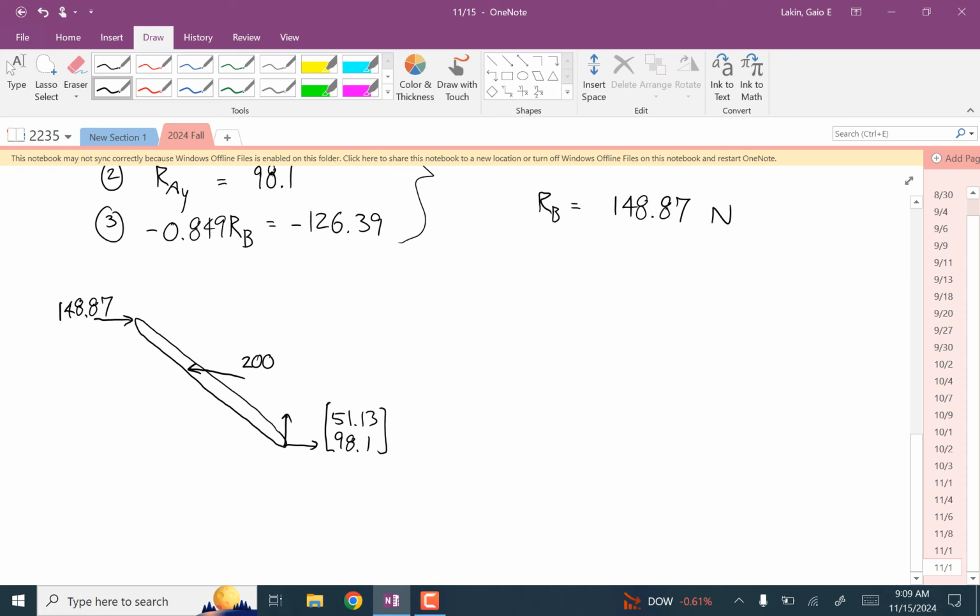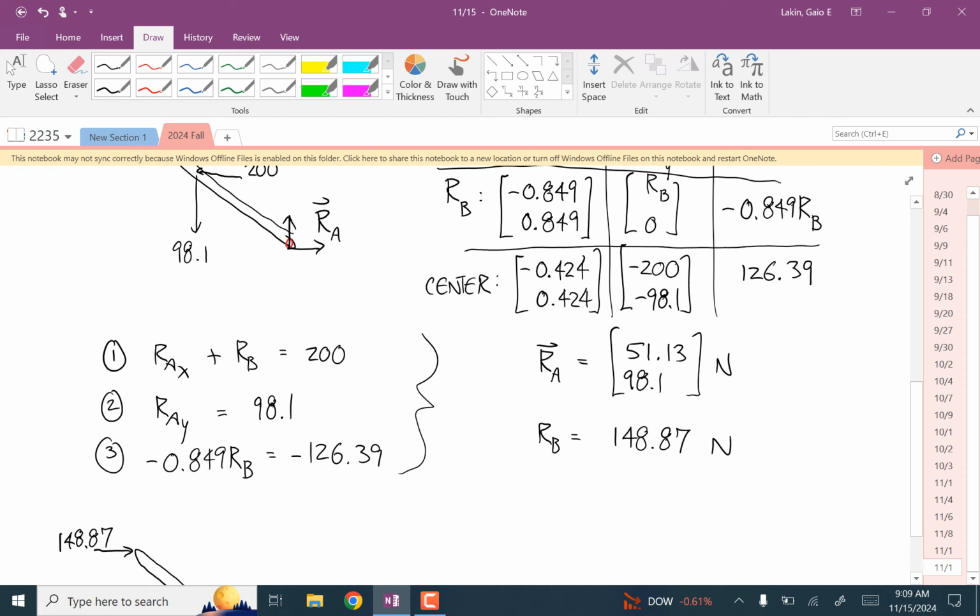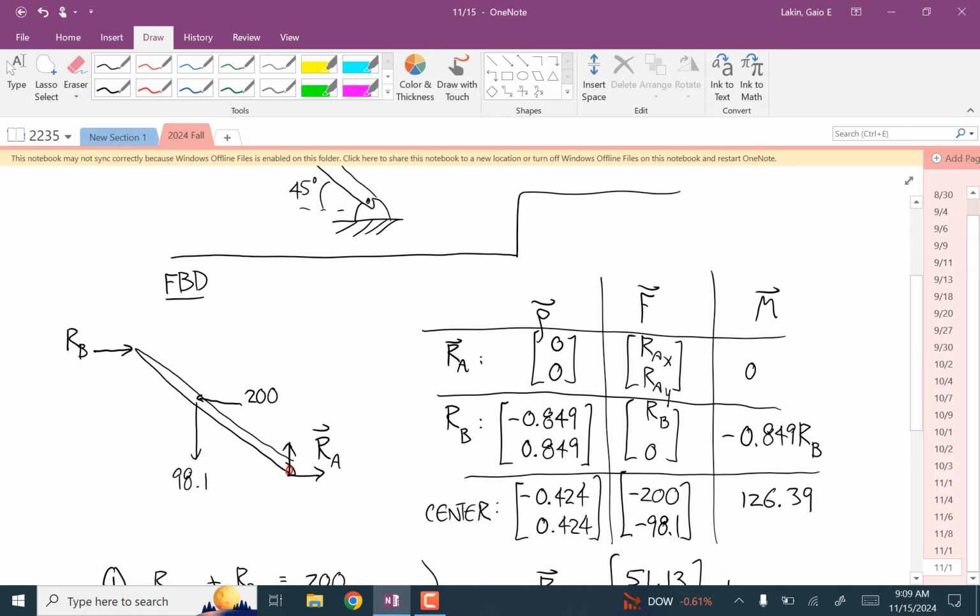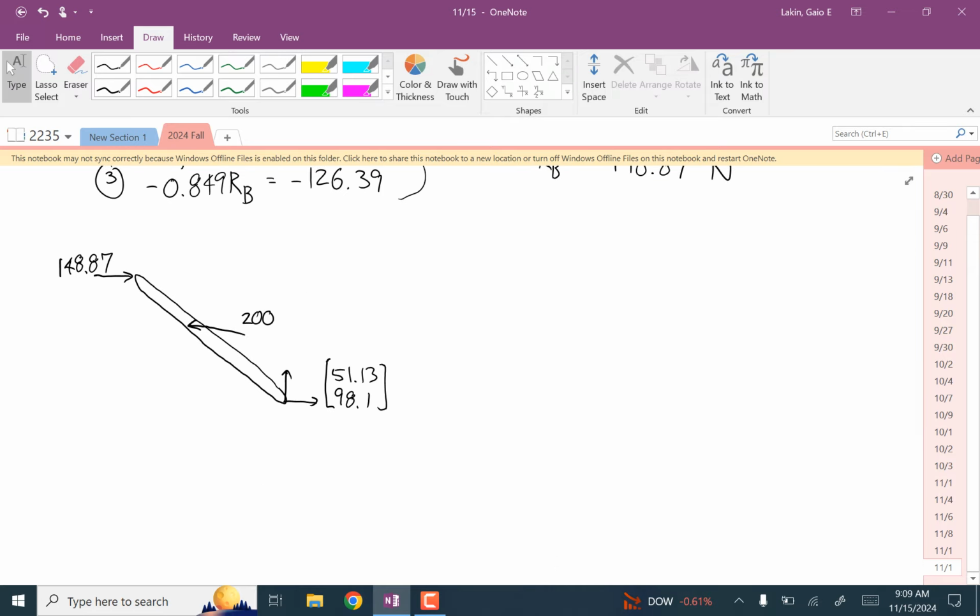But remember that weight force is a distributed load. And so we have a weight force of 98.1, and that's spread out over 1.2 meters. And so we have a downward distributed load, I'm going to just draw it like this, of 81.75 newtons per meter.